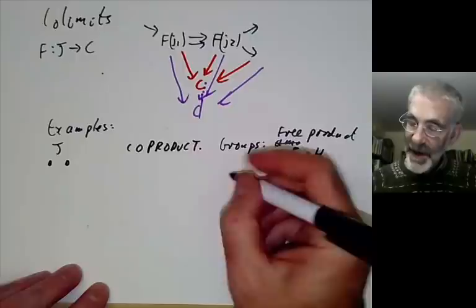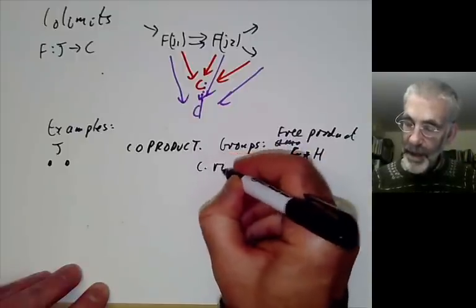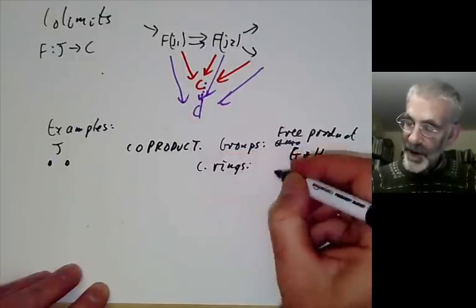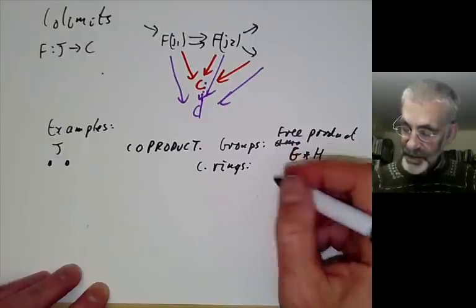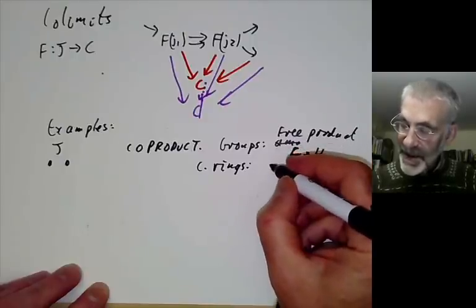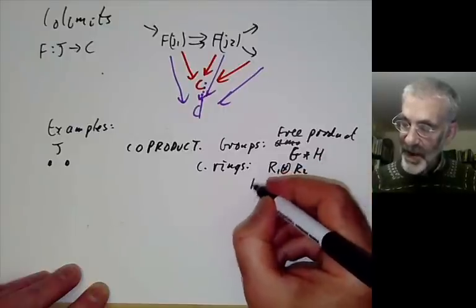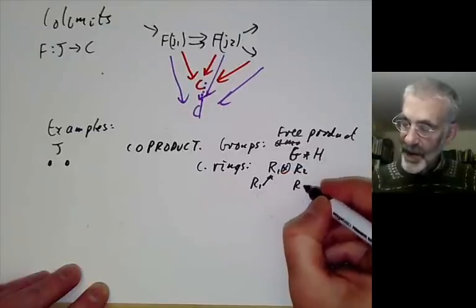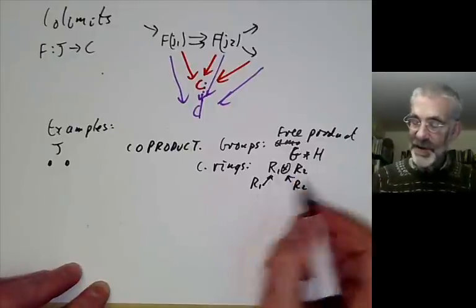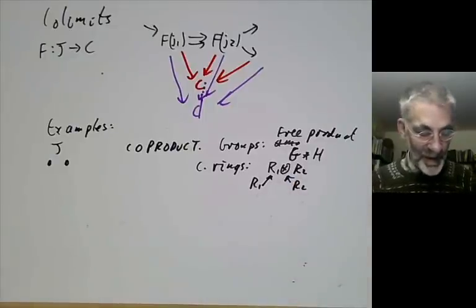For commutative rings, the coproduct is just the tensor product of rings R1 tensor R2. You notice there are maps from R1 and R2 to the tensor product, and it's universal with these properties.